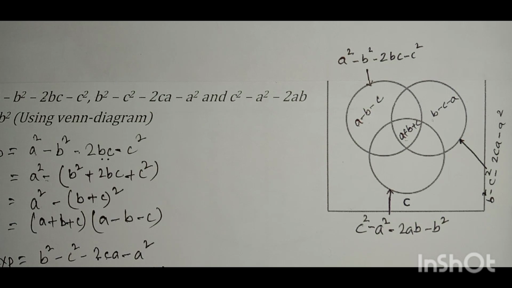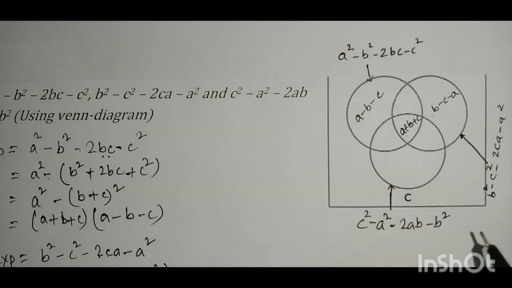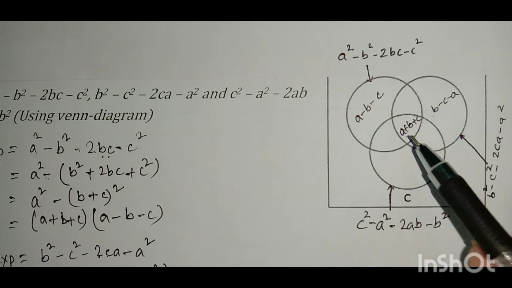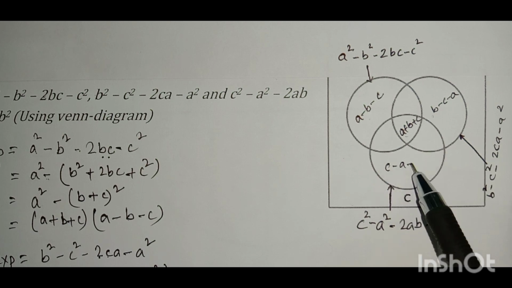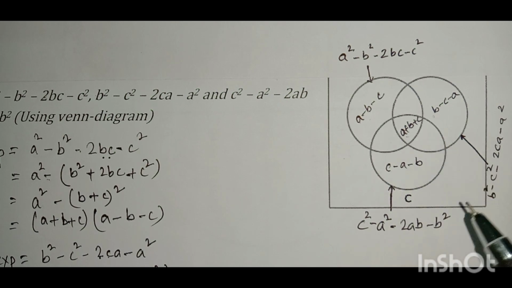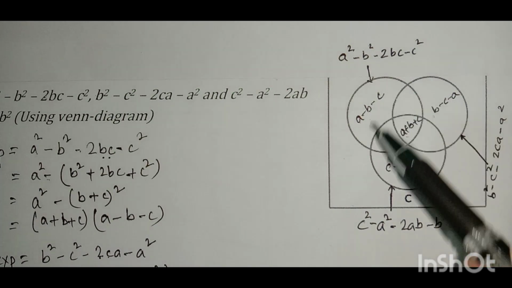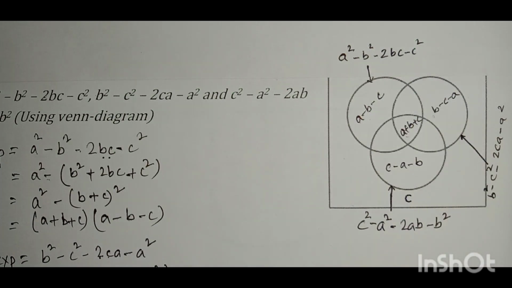And my third one has a plus b plus c and c minus a minus b. So only one factor is common in all of them and no factor is common among any two of them. So I have denoted it here.